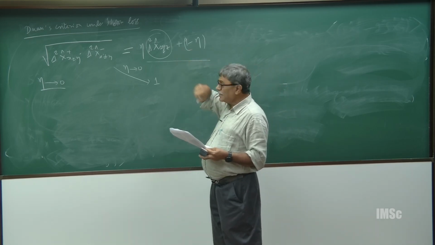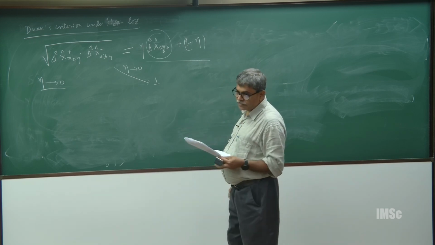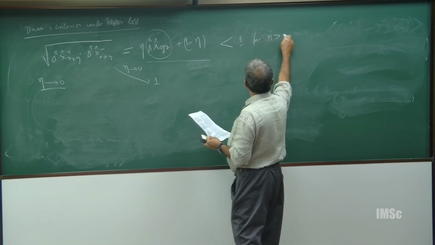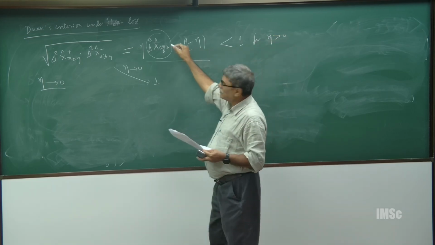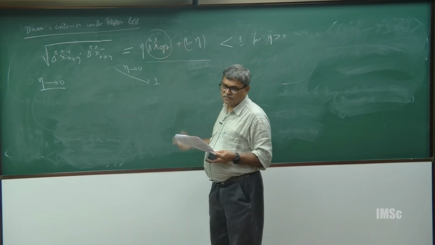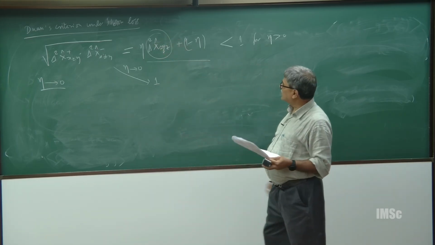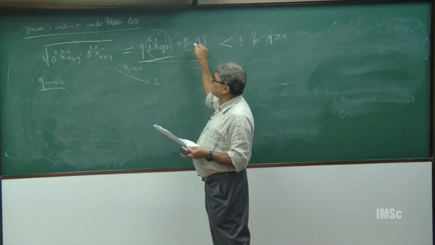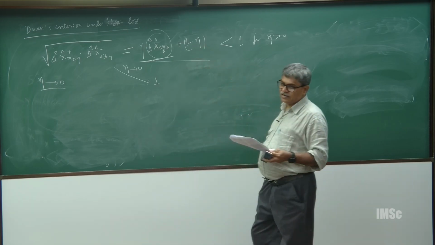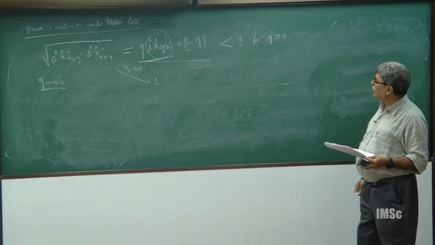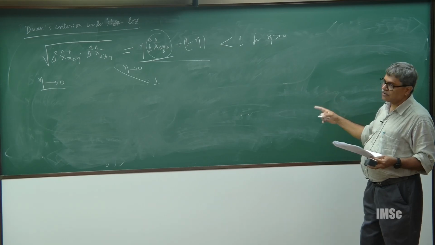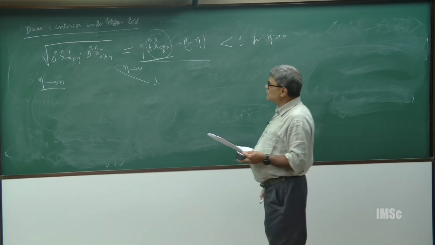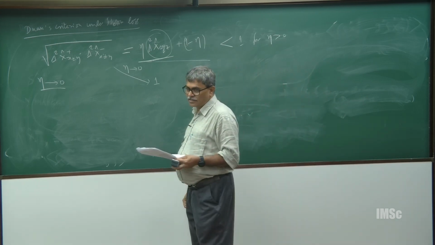But if eta is not equal to 0, this is actually less than 1 for eta greater than 0. Is that a correct statement? Because this uncertainty is generally very small, I can say that this is less than eta, and this is 1 minus eta. So, therefore, it has to be less than 1, right. So, for positive eta, whatever the value of eta, this is less than 1, and this means that your two mode Gaussian state is entangled.